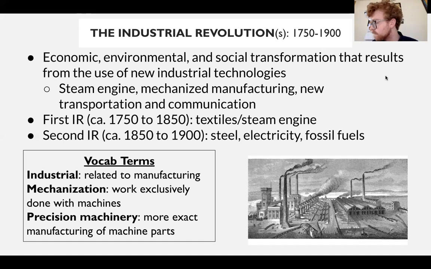That's important to remember. It will see the application of these new inventions to the economy, to industry, to manufacturing. And some of the inventions, we'll talk about them more in detail. We're going to see the use of the steam engine, especially.